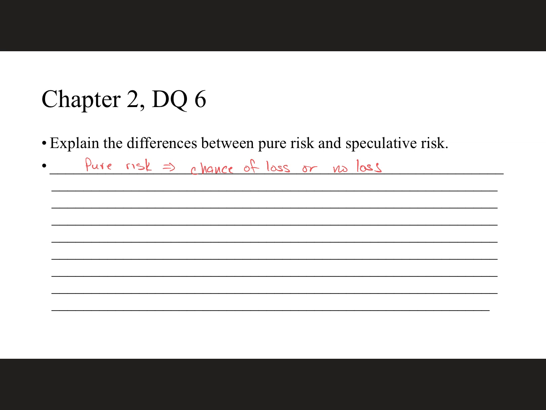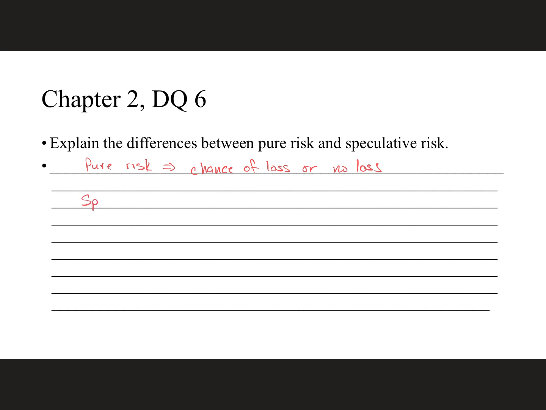Okay, so you have one or the other. So something is going to occur or something is not going to occur. So that is a pure risk. There is no chance of experiencing a gain in pure risks. So, for example, you're either going to be alive or you're going to die, but there's no gain.